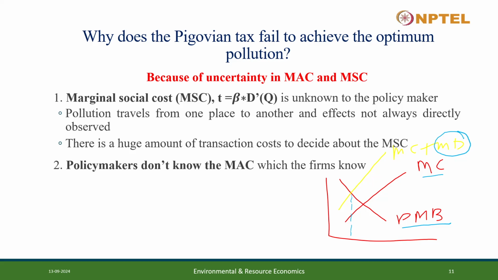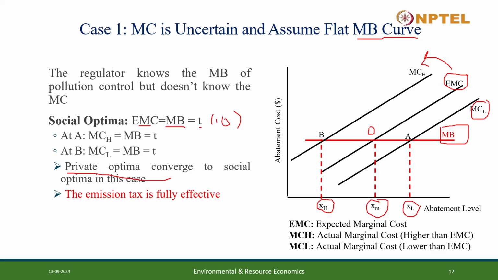So under the uncertainty case, what is the effectiveness of these two systems that we have tried to learn? In the first case, this is the emission tax system. We are taking three cases. First one is expected marginal cost. Then the actual marginal cost might be higher or it might be lower.